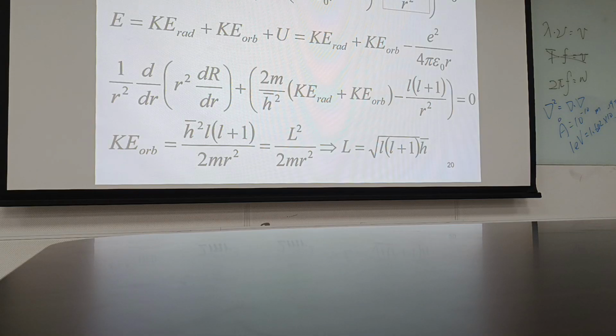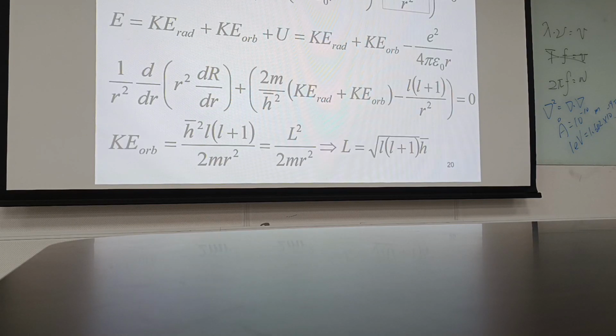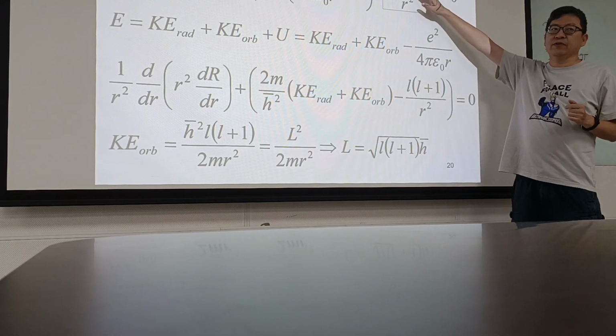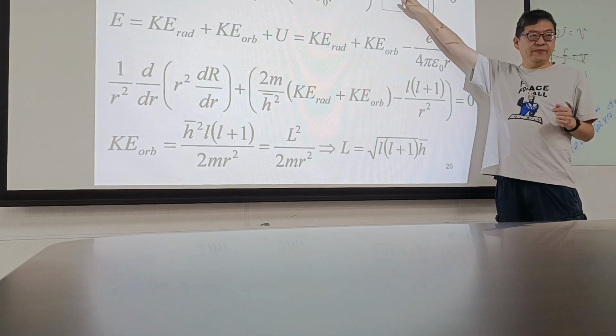And what is L? In this equation, remember, this is the equation we just used. This equation, we call it the R only function. R means only radius. However, we call this number what? We call it the orbital quantum number, right?